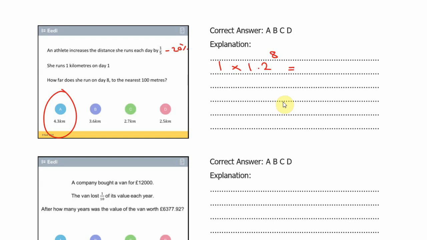So I'm just going to do that. And I'm getting 4.2998, etc. So to the nearest 100 metres, that would be 4.3 kilometres. So I do think quite a few people got that right. However, I'm not sure what they were wanting the answer, but that's definitely the right one.